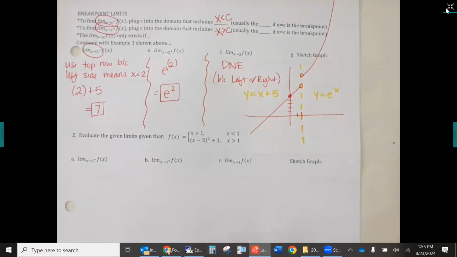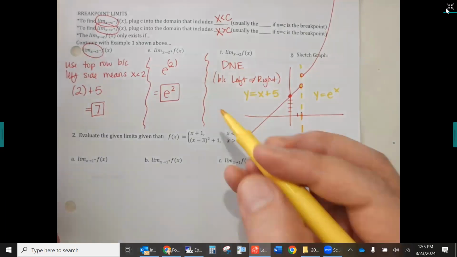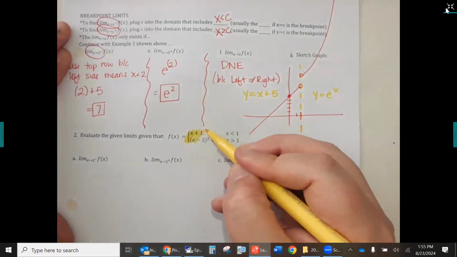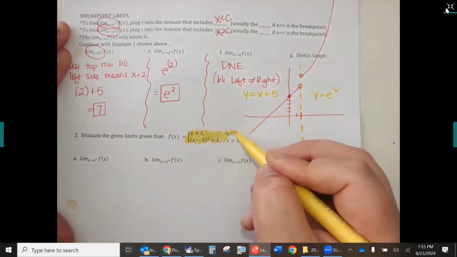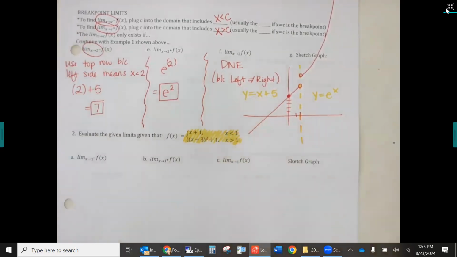Okay, this time I have a new piecewise equation. What is my breakpoint number? Okay, 1 is the breakpoint. Remember, breakpoint just means when you switch from the first side to the second side. So if I want 1 from the left, meaning a little negative, where do I plug in?